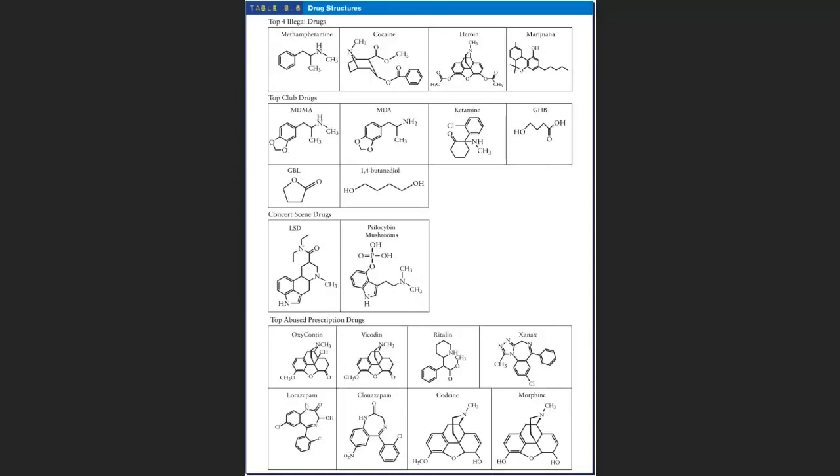Let's skip to the bottom of the table and look at prescription drugs that have been designed for one particular purpose. Most of these are for killing pain, dulling the nerve impulse of pain, or dulling the nerve impulse associated with anxiety. And these are commonly abused by the general public.